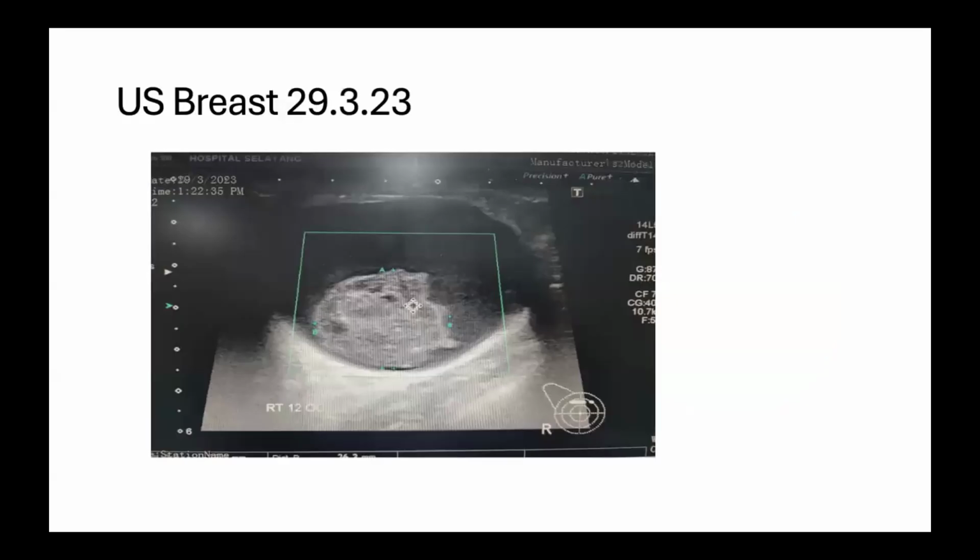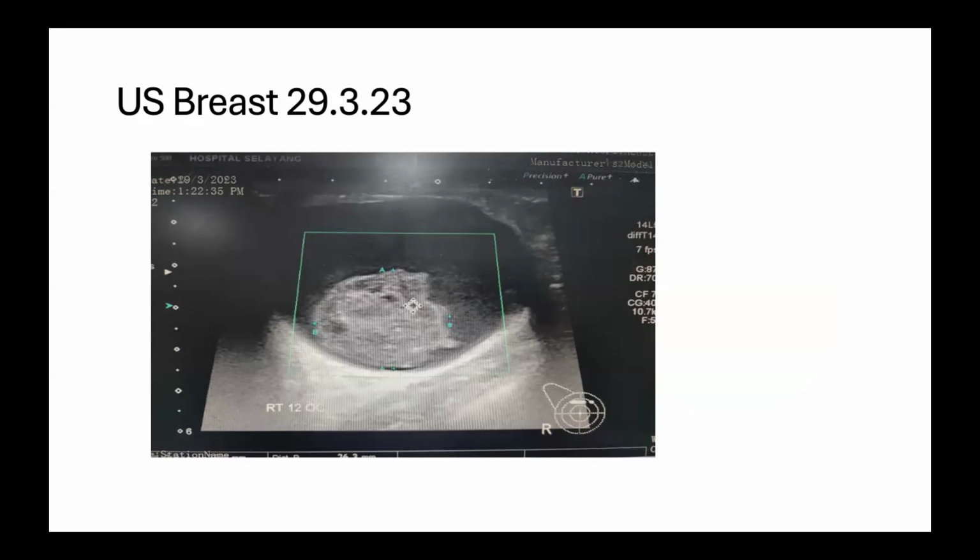Anyone wants to comment on the ultrasound? Cheng? This is the right breast showing irregular margin and heterogeneity, wider and taller, with a serious schedule.